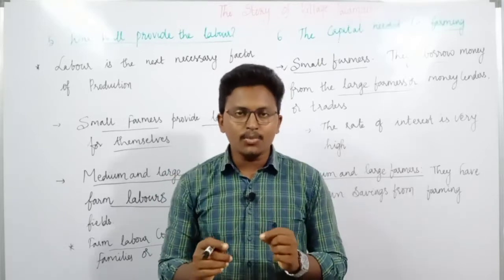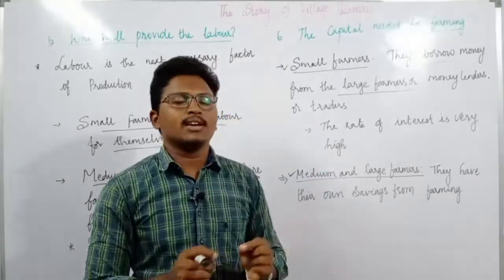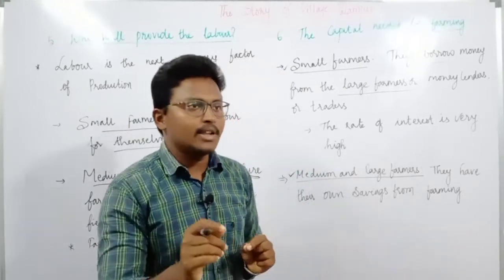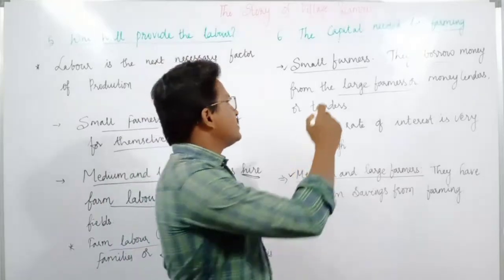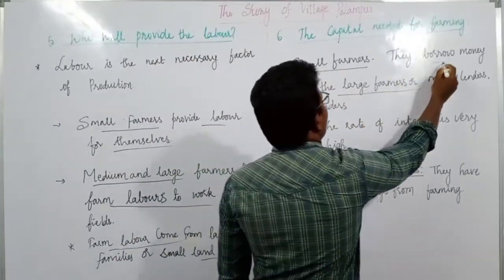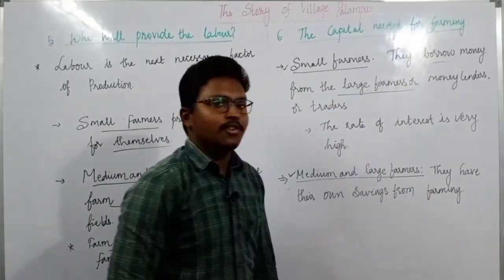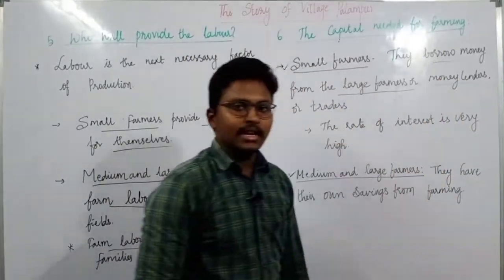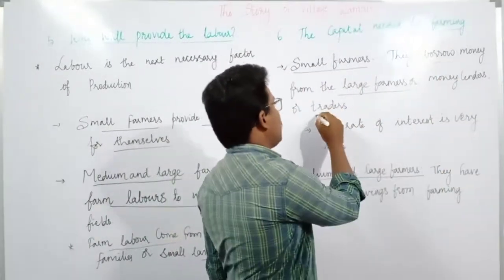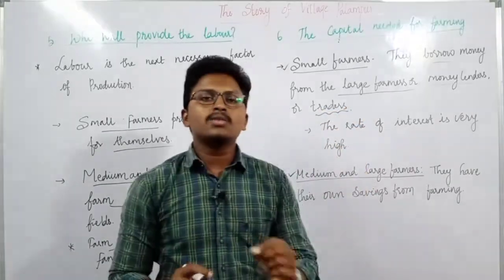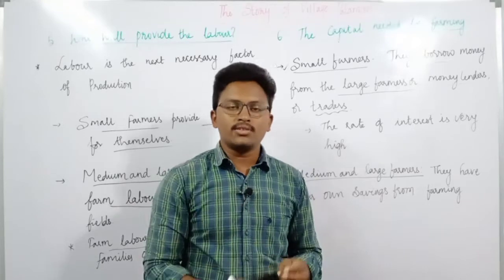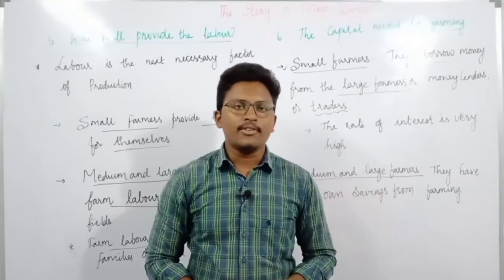In order to provide all these things, we require some kind of capital. So the small farmers borrow this from large farmers. Sometimes they may also borrow from money lenders, or from traders who sell inputs such as fertilizers or pesticides, whatever is required for agriculture.